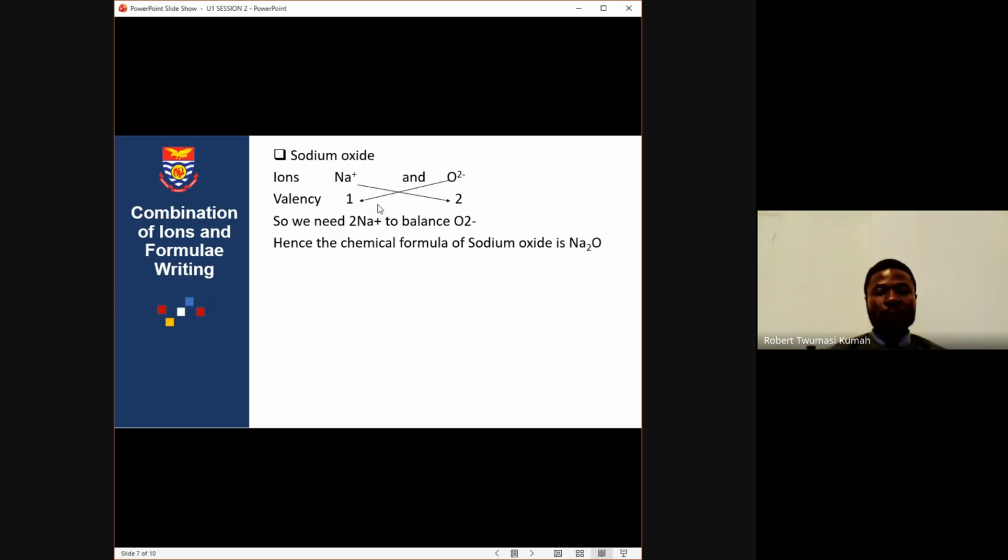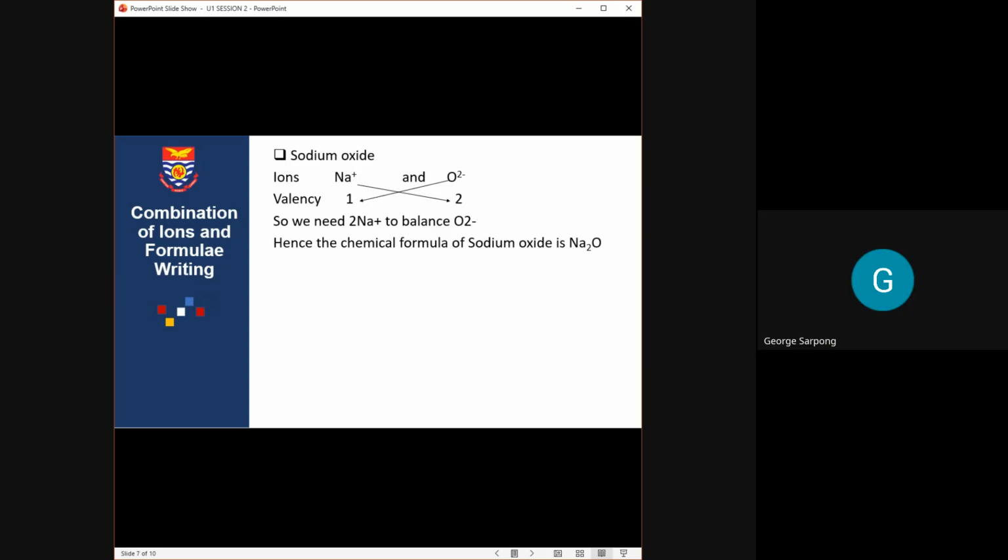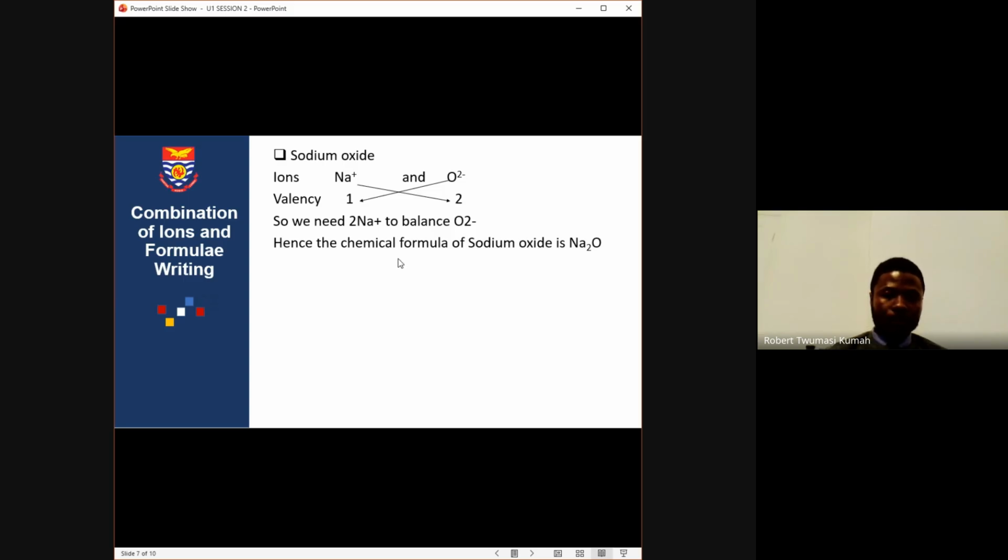So we write the 2 of the oxygen as a subscript to the sodium, and the 1 of the sodium as a subscript to the oxygen. But it is 1, and we are not going to write 1. So that becomes our sodium oxide. Friends, is it clear? Yes, sir. Okay. All right.